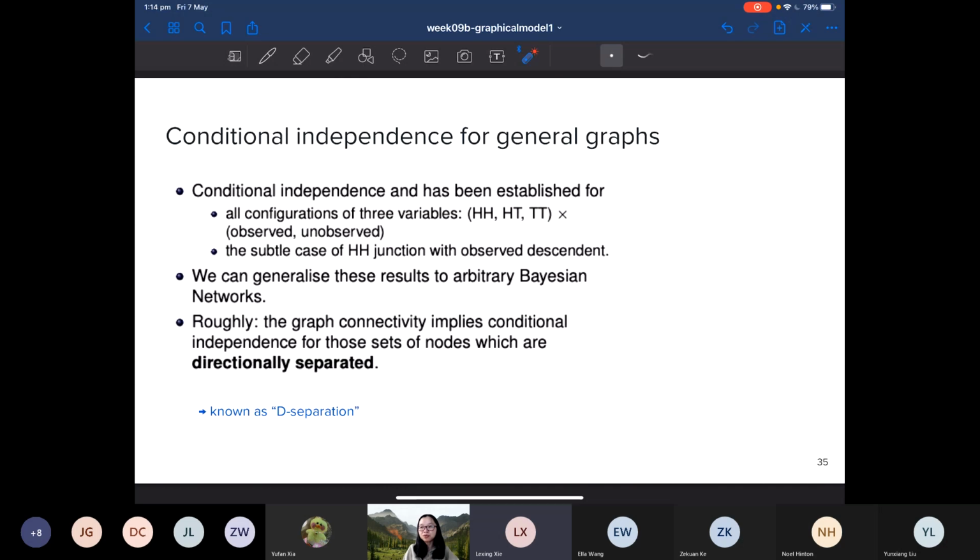Now we are ready to jump from this 3-node little network to arbitrary Bayesian networks, right? So this is the term called D-separation, which stands for nodes being directionally separated in a Bayesian network. Directionally is easy to understand. The arrows have directions, and here, separated means conditional independence, right?